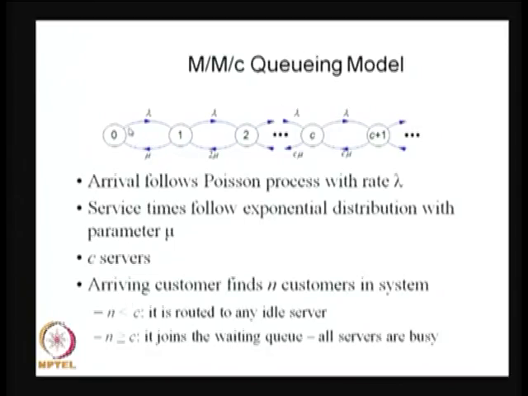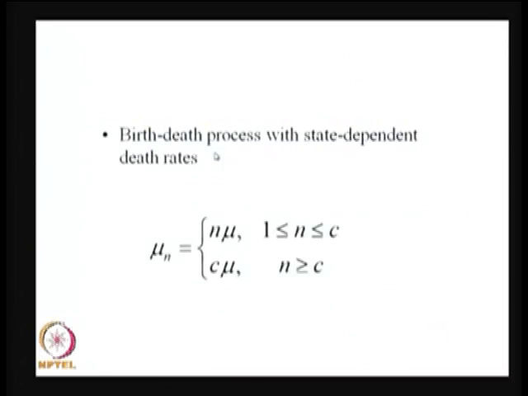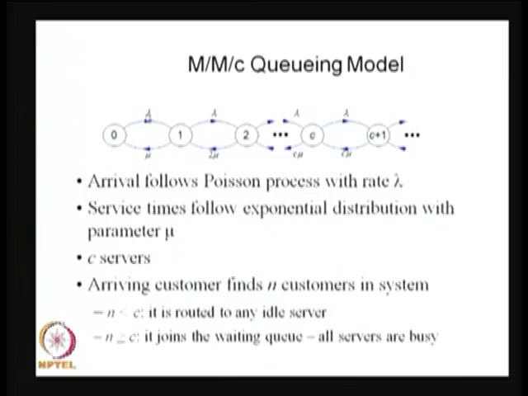Therefore, you will have the system size, and the underlying stochastic process is going to be a birth-death process. It is a special case of a continuous time Markov chain, because the transitions are only to neighbors, with the forward rates being lambda and the backward rates, or death rates, being mu, 2 mu and so on.